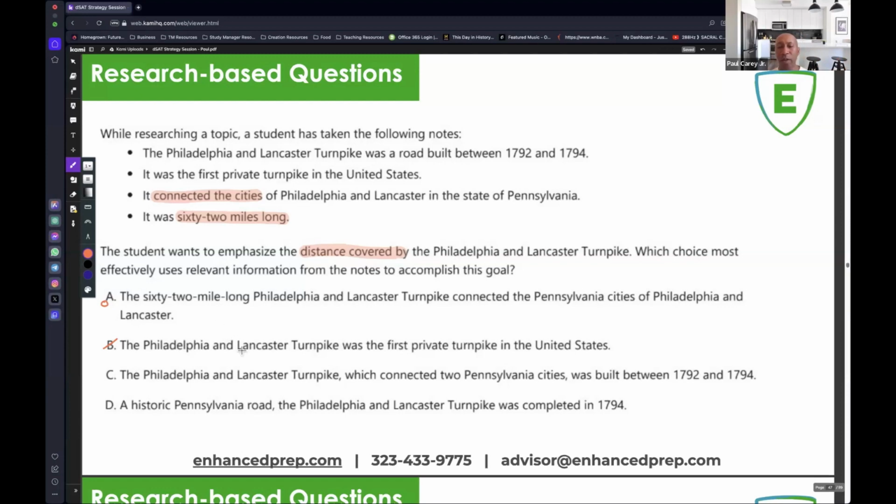If we see that it doesn't work, we can get rid of it right away. And this is why we speak for ourselves, because when we do, we don't have to worry about that answer choice because we already know exactly what we're looking for. Okay. C says the Philadelphia Lancaster Turnpike, which connected two cities. Well, it doesn't talk about the distance. D: the historic road, Lancaster Turnpike. Again, that doesn't work. And we go with our answer choice A.